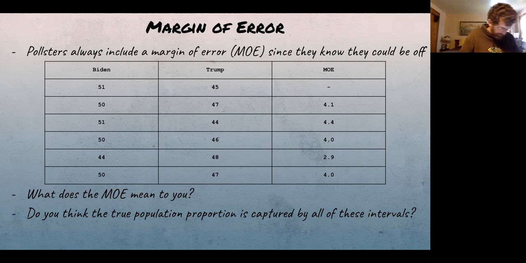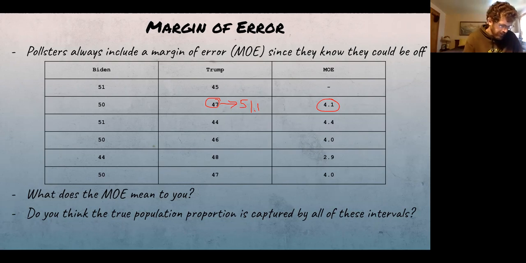And this is probably obvious. I hope it's obvious to you guys, but we're going to just go through it. We'll just look at this one. We'll go with Trump's number right here and a margin of error of 4.1. So if you add 4.1 to that, you get 51.1. 51.1 wouldn't be unexpected as the true population proportion.